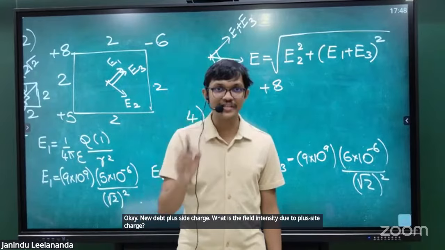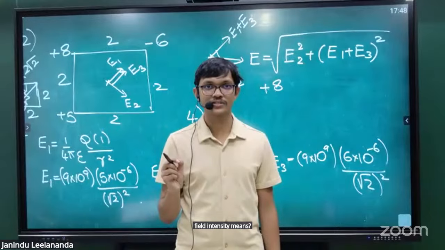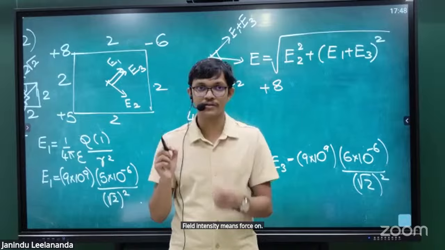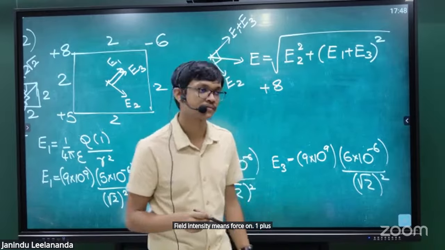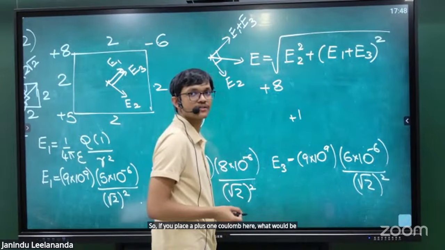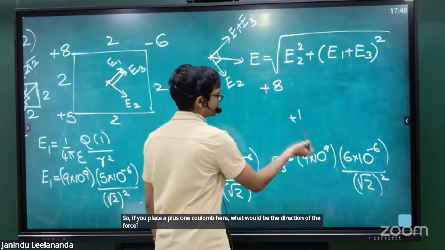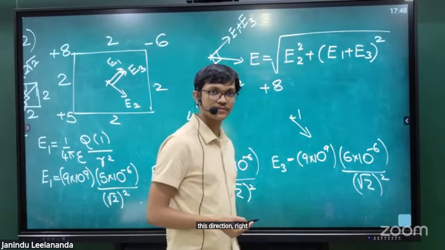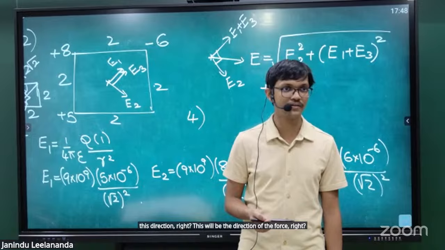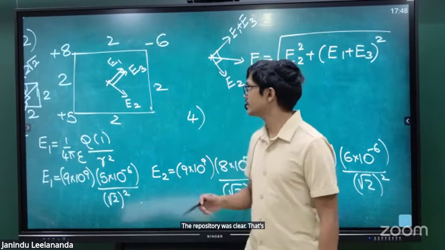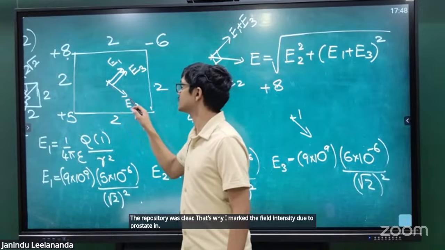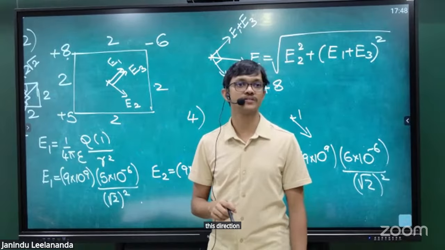Field intensity means force on a +1 coulomb. So if you place a +1 coulomb here, what would be the direction of the force? This direction, the repulsive force. That's why I mark the field intensity due to +8 in this direction, away from +8.